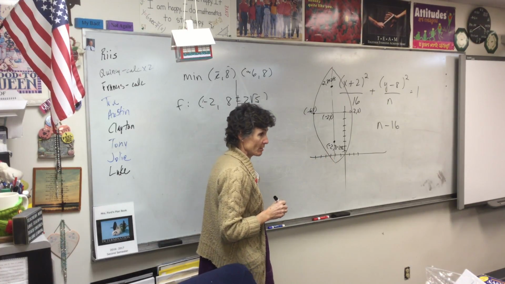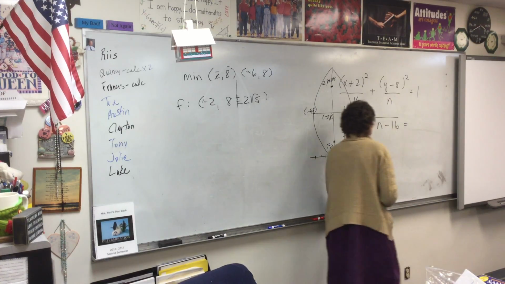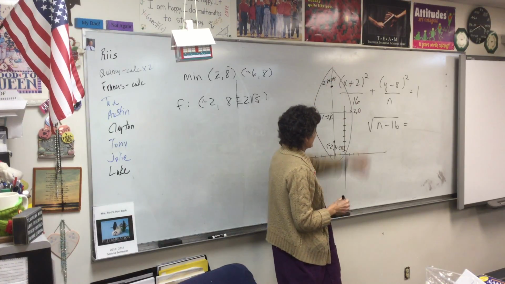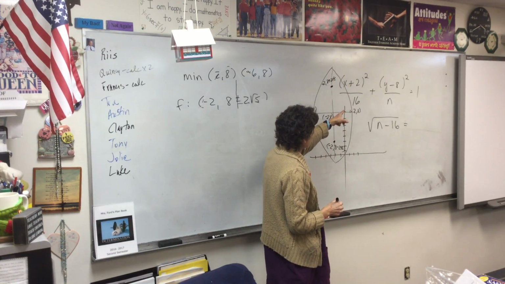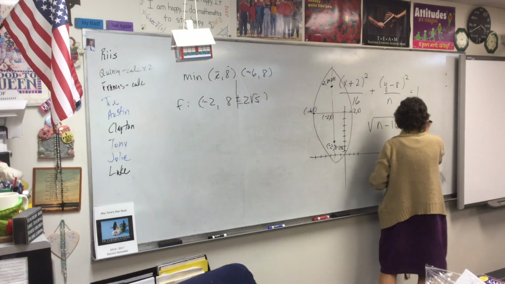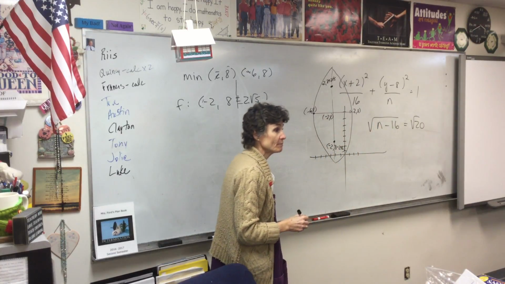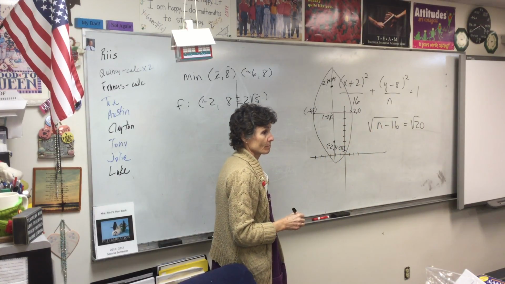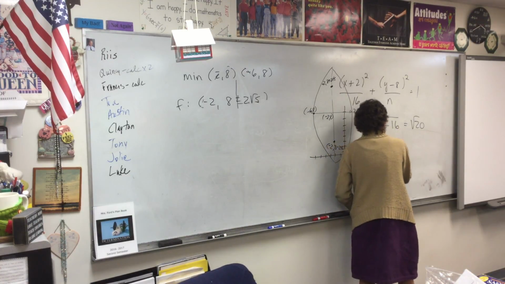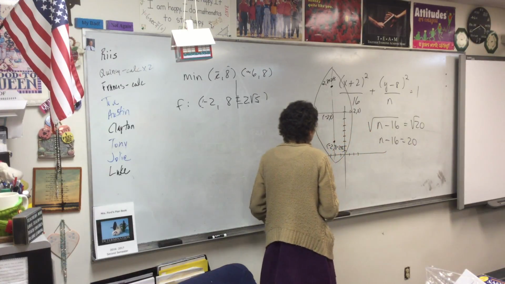Otherwise, you're going to be imaginary because you're taking the square root. So I know the square root of whatever that y denominator is minus 16 is going to be the square root of 20. 2 root 5. So n minus 16 has to be 20, so n must be 36.